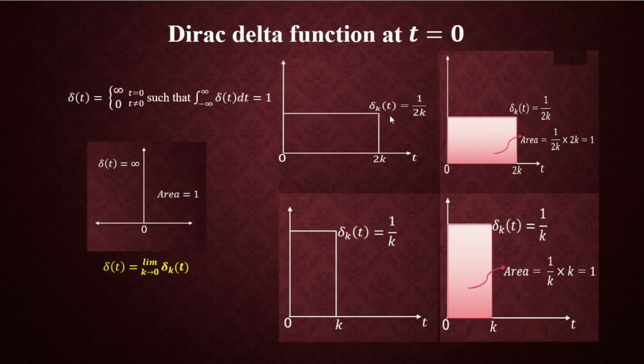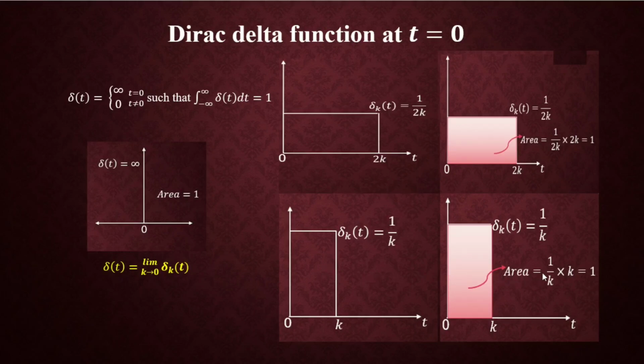See here, the function del k of t is equal to 1 by 2k when 0 less than or equal to t less than or equal to 2k. Here the width is equal to 2k and the height is equal to 1 by 2k. Therefore, the area will be equal to 1 by 2k into 2k, which is equal to 1. Suppose the width reduces to half of this width, 2k. That is, the width becomes equal to k. Then the height increases to 1 by k in order to maintain the area equal to unity.